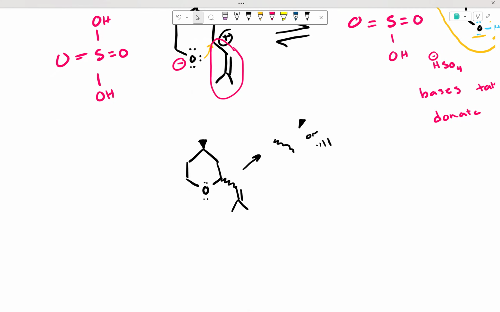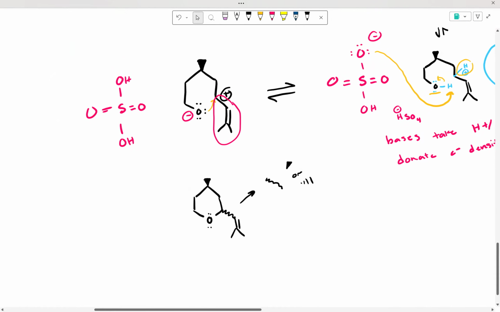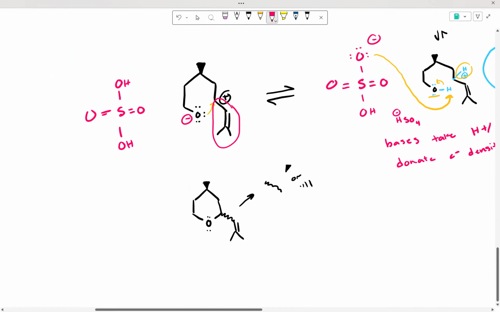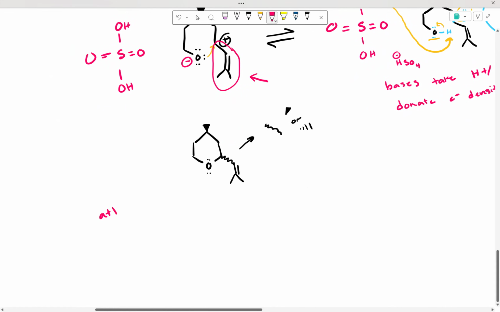So if oxygen is going to attack from the back, it's going to force this whole thing to start facing the front. Attack from back.